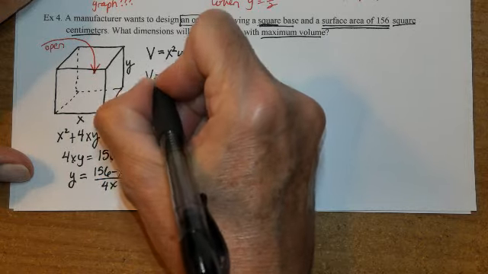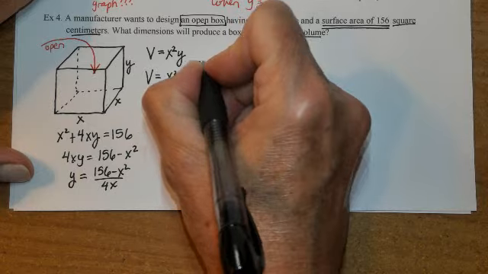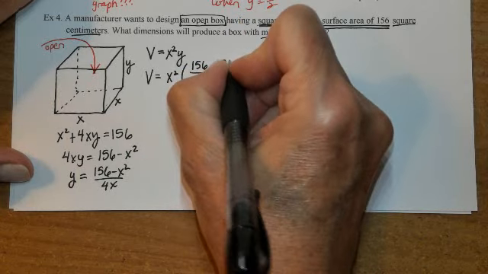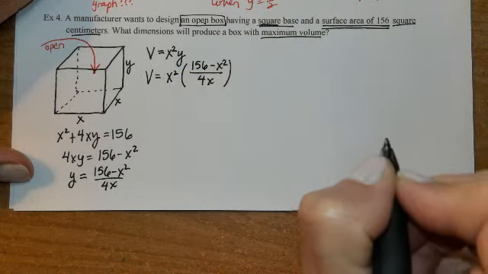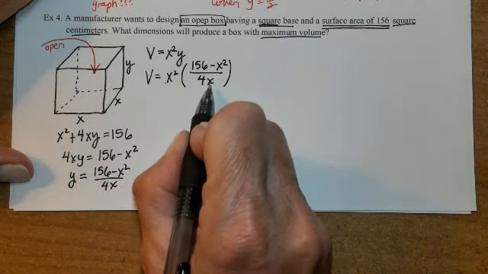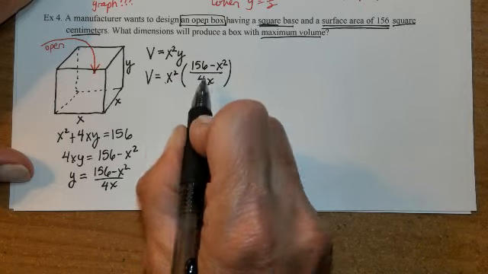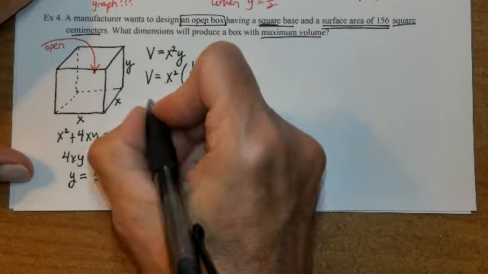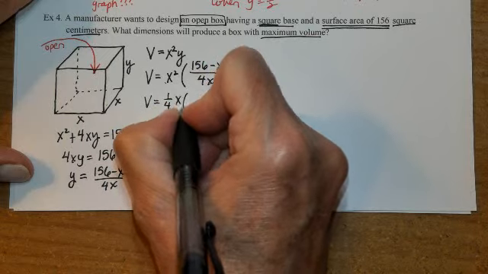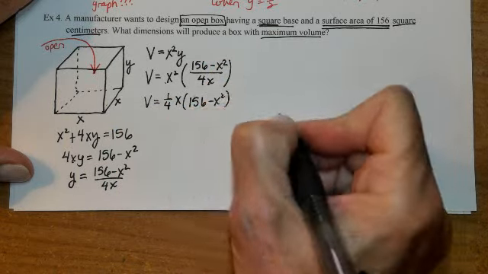So volume will equal x squared times (156 minus x squared) all over 4x. Let's simplify this. One of the x's here will cancel with this x here. And this 4, I'm going to bring it out front as a 1/4, right? So this is equal to 1/4 x times (156 minus x squared).